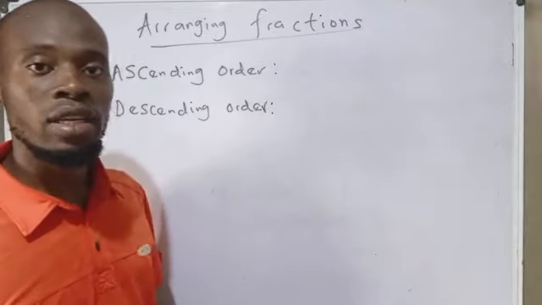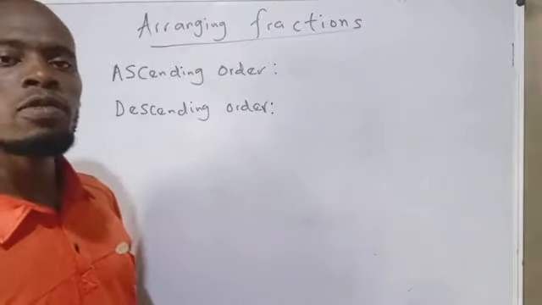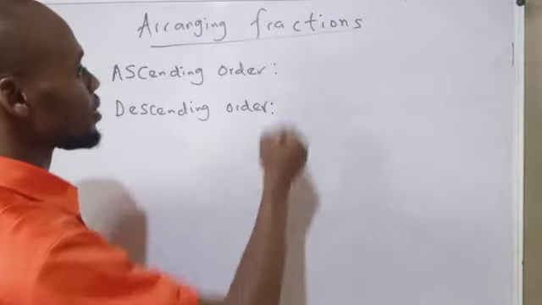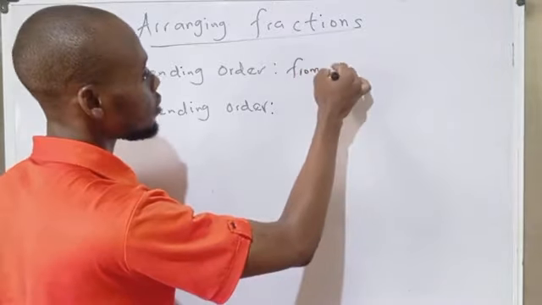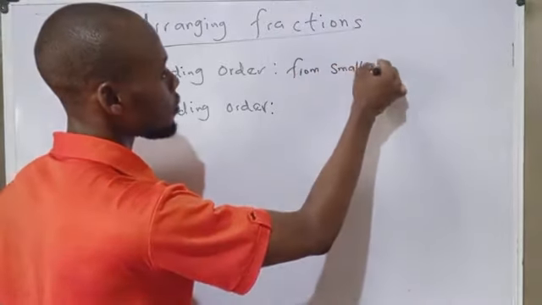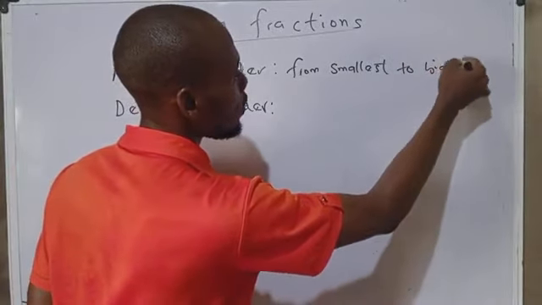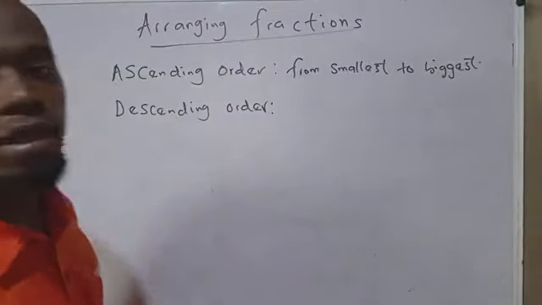Whenever you are ordering or arranging something in ascending order, you are moving from a lower place to a higher place. You understand it? From the smallest to biggest. That's for the ascending order.